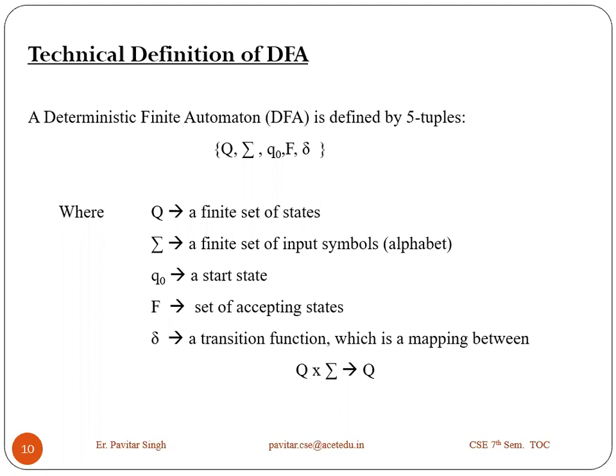It is a mapping from Q into sigma goes to Q. This represents current state, current input, and the new state. Or you can say present state, present input, next state.